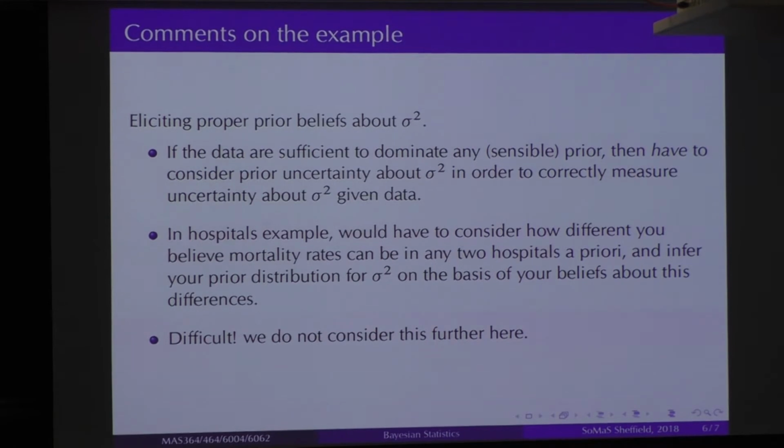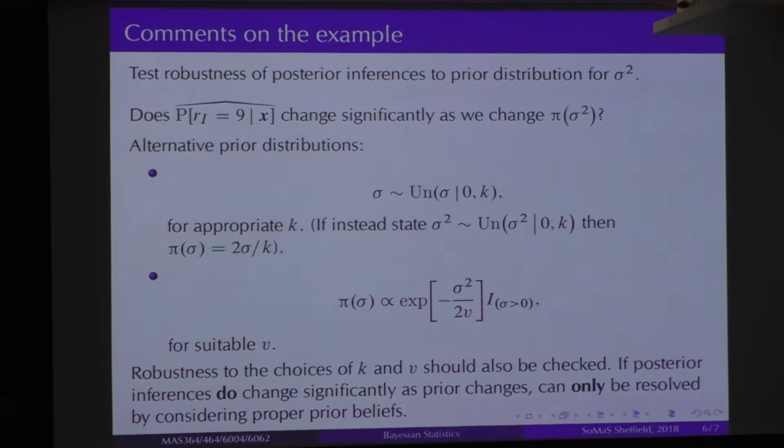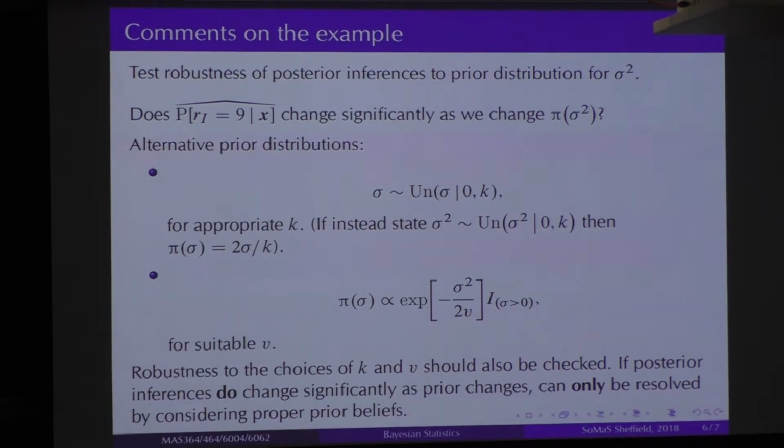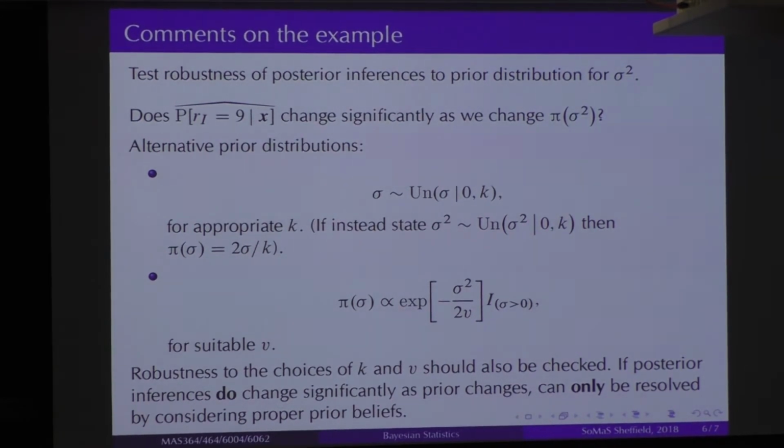Okay? So we won't touch this problem further. What we will do in practice is we will change the prior. Sorry, I talked about the prior in the variance here, but it's a prior in the precision. So we will change that prior.